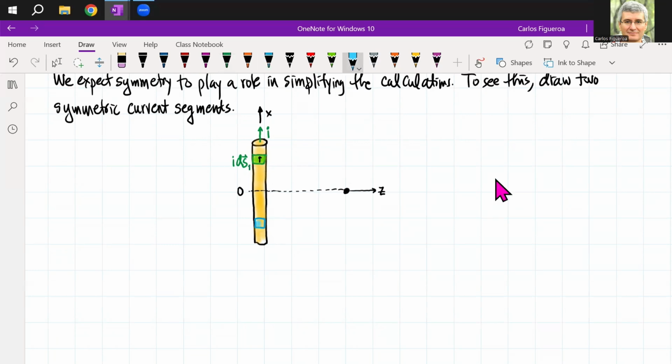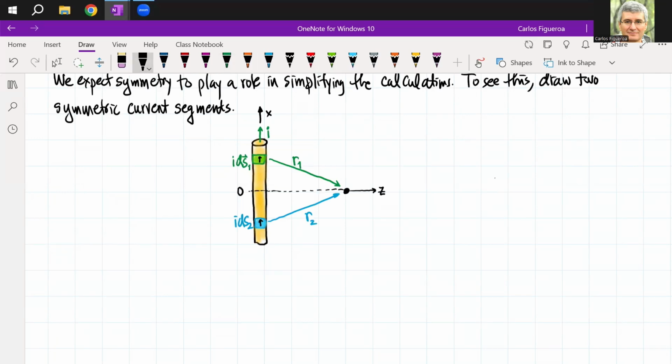And then this guy, which also has a little current going in that direction here, is going to be IDS2. This guy has a displacement vector of R. We'll call this one R2. We'll call this guy right here R1.